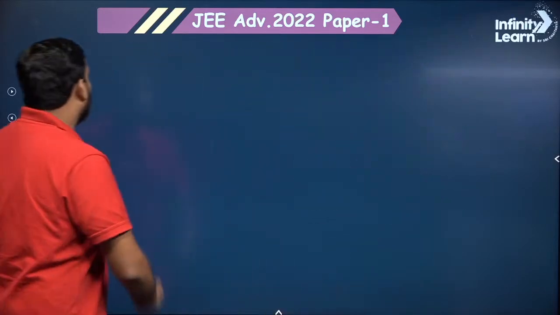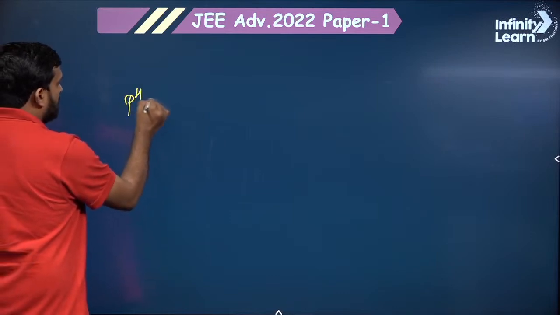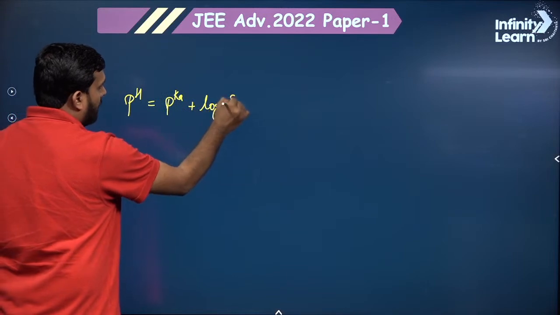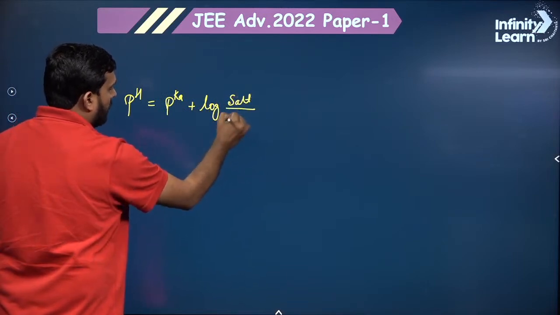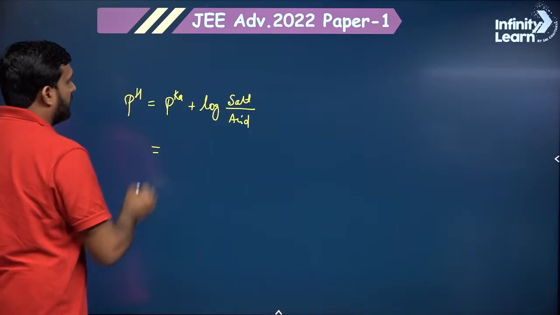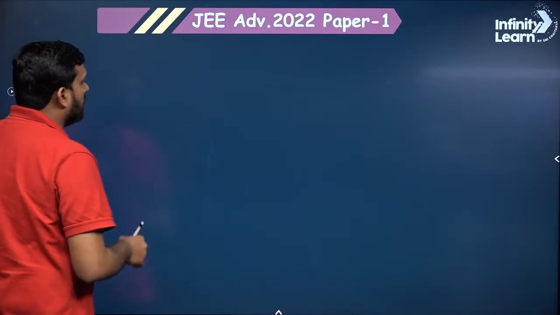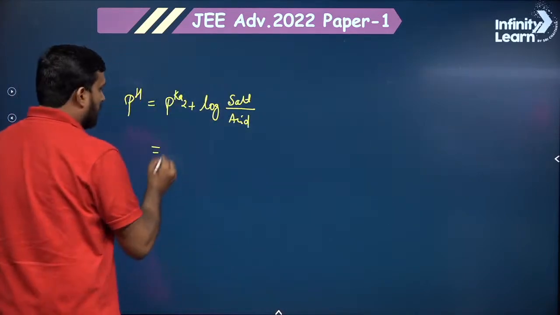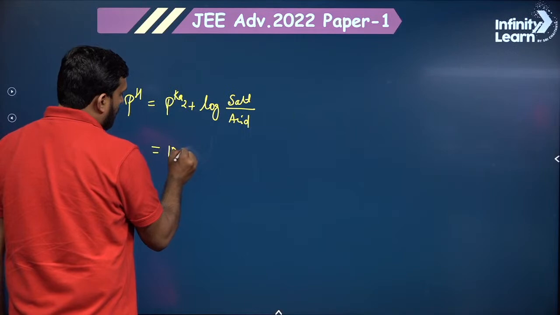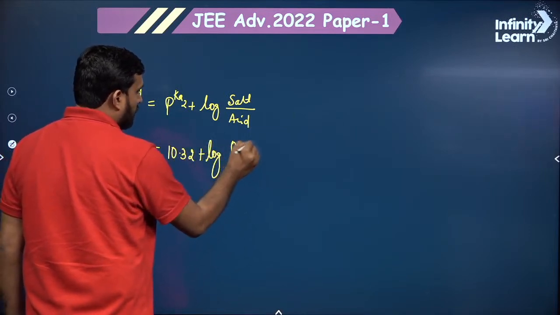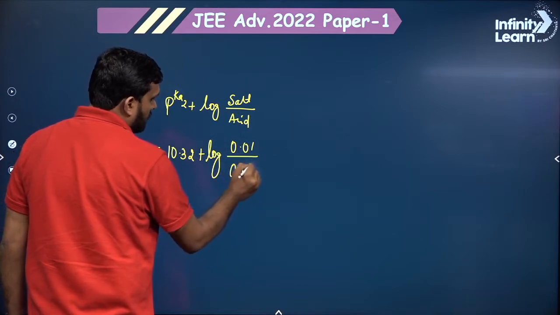So the formula is pH equals pKa plus log of salt upon acid, okay. Just put the values. So we have to keep pKa2 here. pKa2 is given in the question as 10.32, so it will be 10.32 plus log of salt, where the salt concentration was 0.01 and the acid concentration was 0.02.